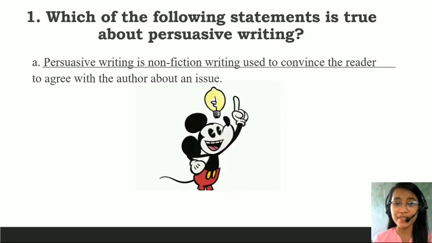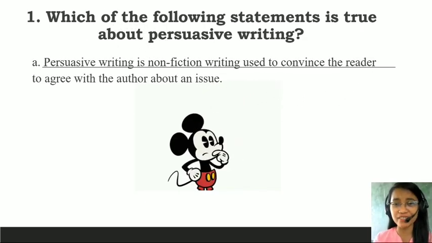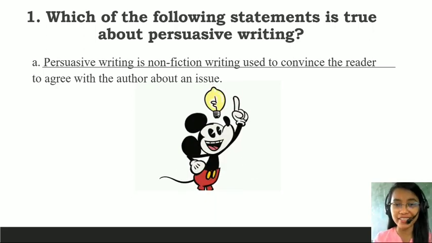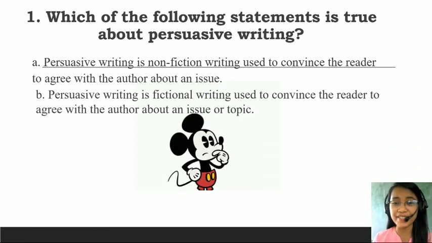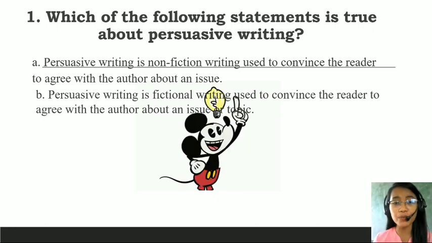A. Persuasive writing is a non-fiction writing used to convince the reader to agree with the author about an issue. B. Persuasive writing is a fiction writing used to convince the reader to agree with the author about an issue or topic.